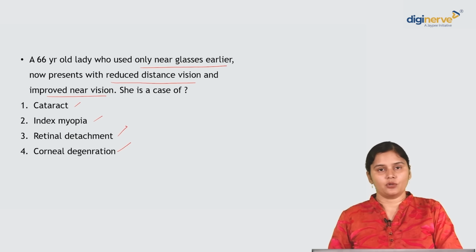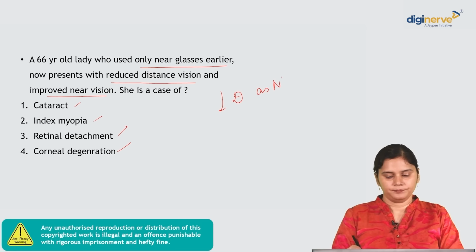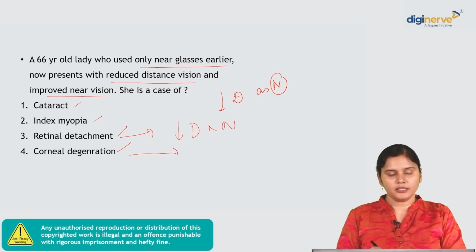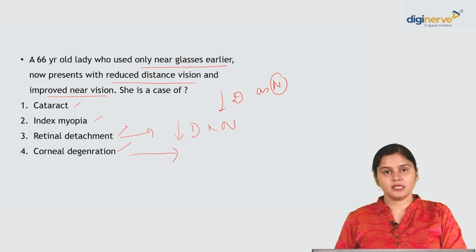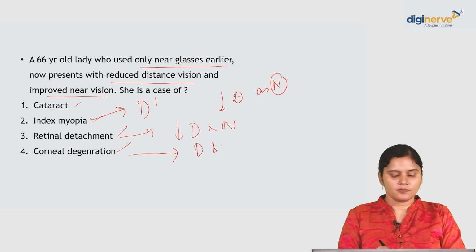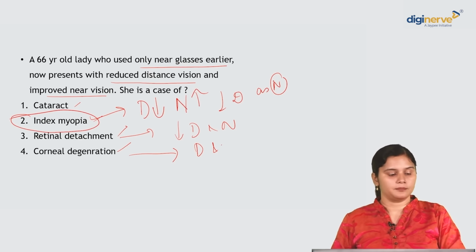Cataract will reduce the distance as well as near vision. If there is a retinal detachment, there will be a decrease in distance as well as near vision. Similarly, in corneal degeneration also there will be a decrease in distance as well as near vision. But in index myopia, the distance vision will decrease and the near vision will become better. So the answer here is index myopia.